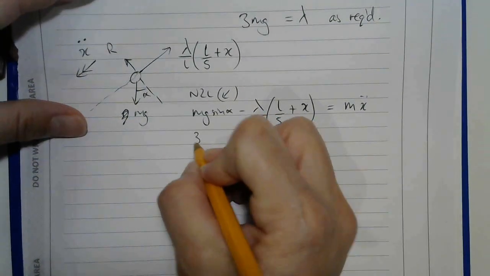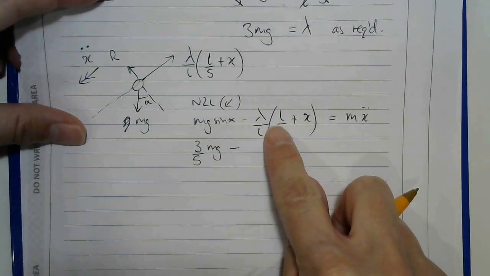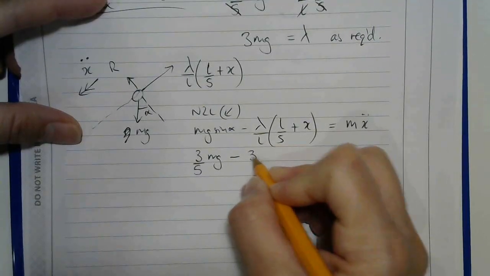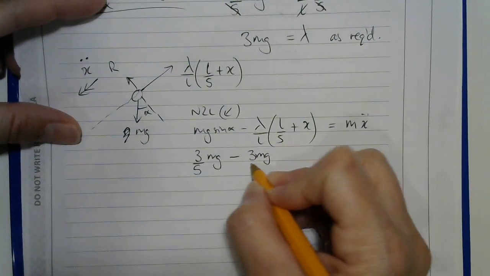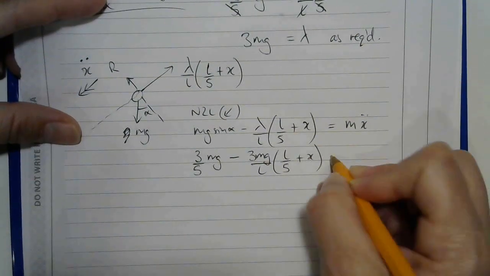So tidying this up, sine alpha is still 3/5. I know that lambda is 3 mg, that's what I worked out in the first bit of the question. So here I have 3 mg over L, multiplied by L over 5 plus x, equals m x double dot.